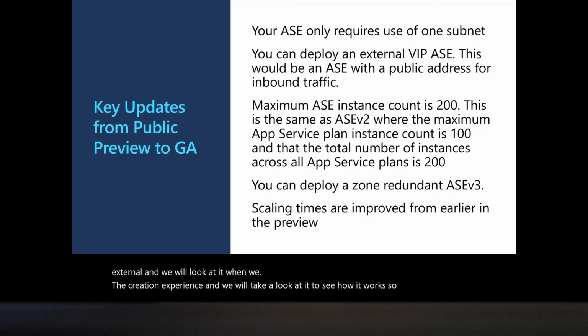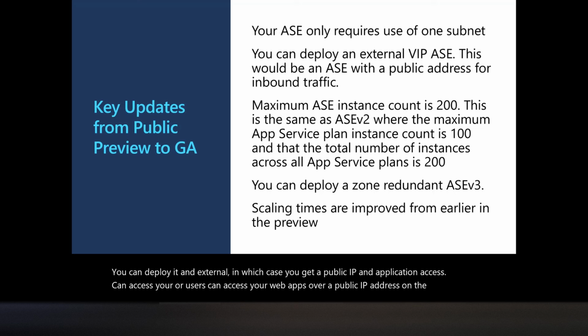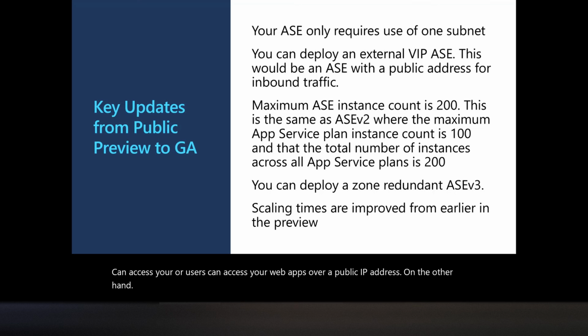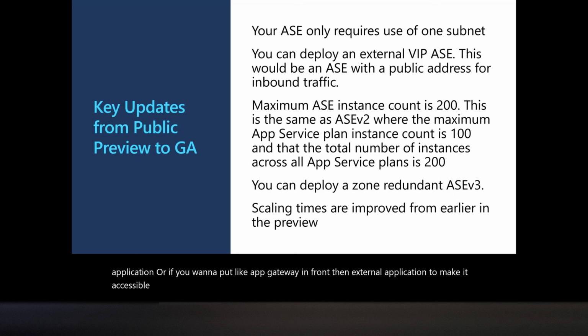You can deploy it external, in which case you get a public IP and users can access your web apps over a public IP address. On the other hand, you can deploy it internal where there's only a private address available. So it's only for intranet applications, or if you want to put an app gateway in front, then it can be made accessible to external applications.